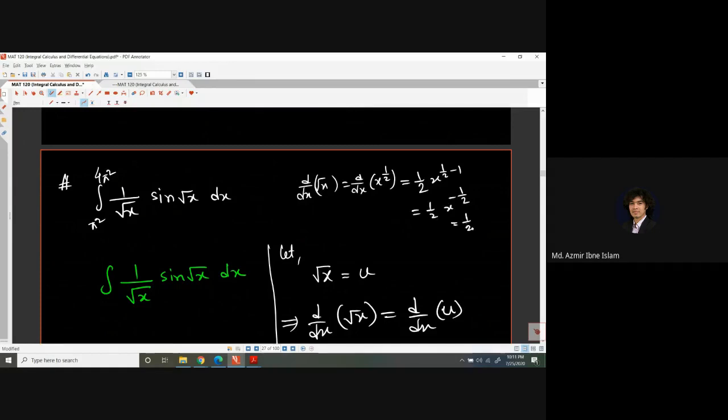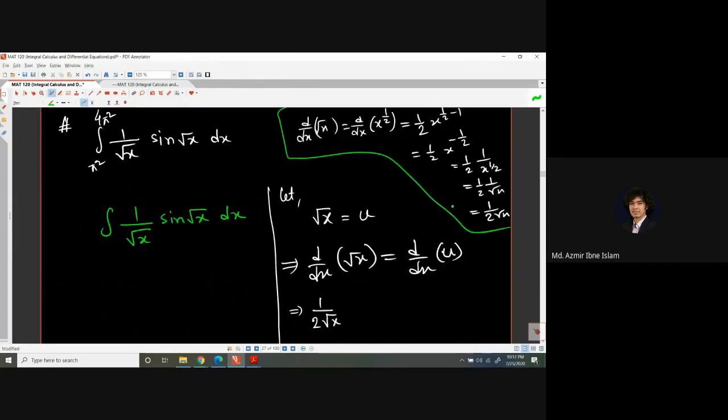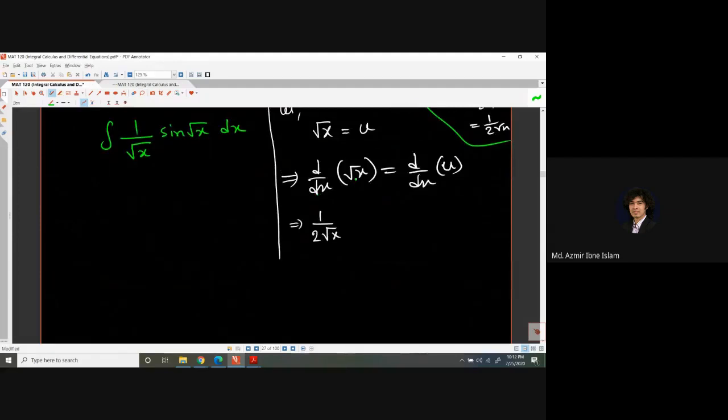So we are getting 1/2 times 1 over root x, that is, 1 over 2 root x. So the derivative of root x is actually 1 over 2 root x, which is why I directly wrote it.